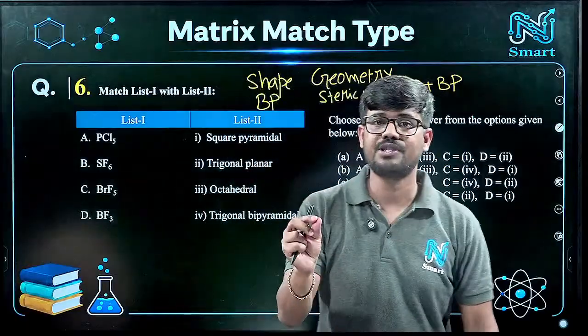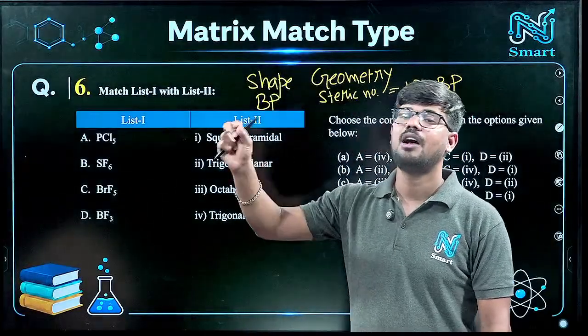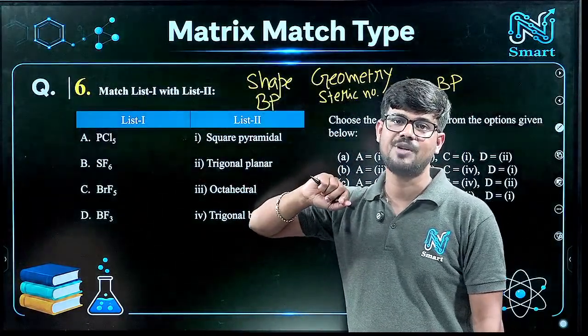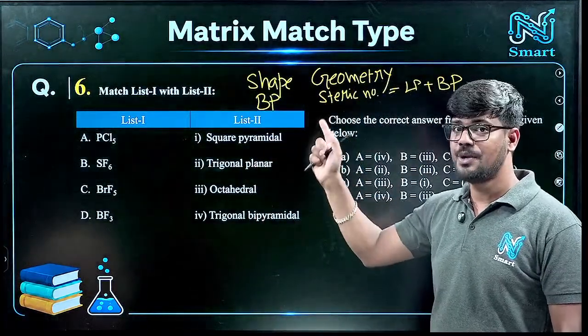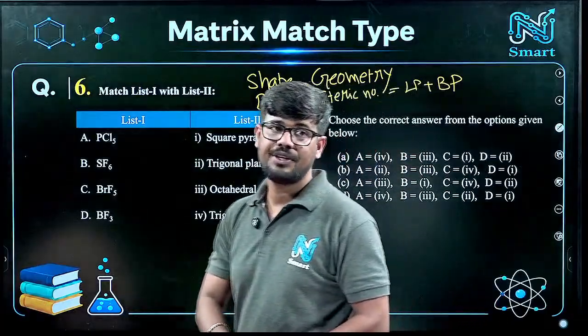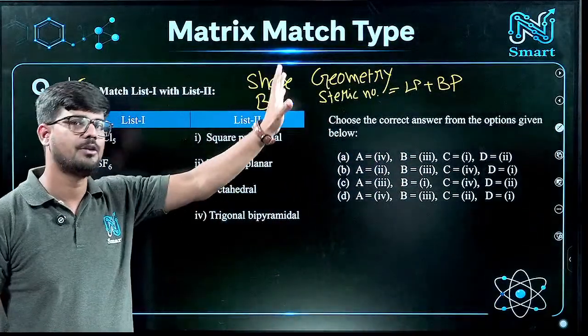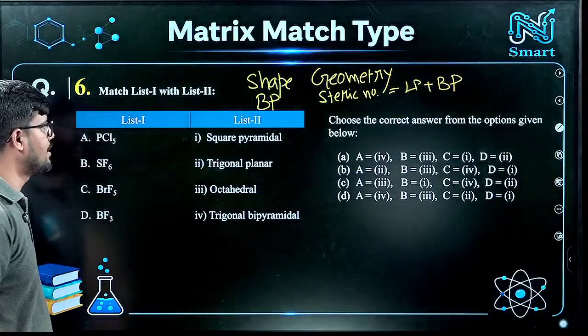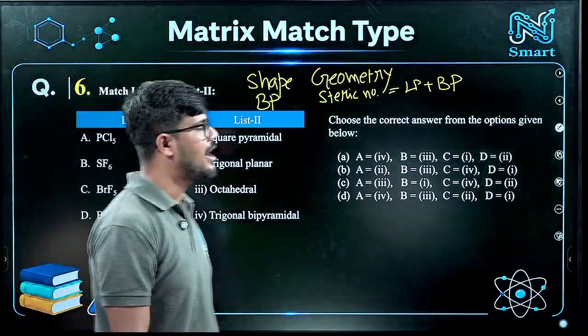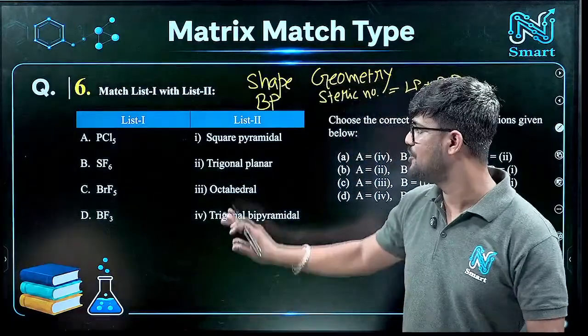Sometimes in some questions they are asking shape, but you are answering with respect to geometry, which is wrong. So whether they are asking shape or geometry, first check that. Here nothing is mentioned, so you can consider both. Based on that you have to answer. Now just check PCl5, how you will find its geometry.